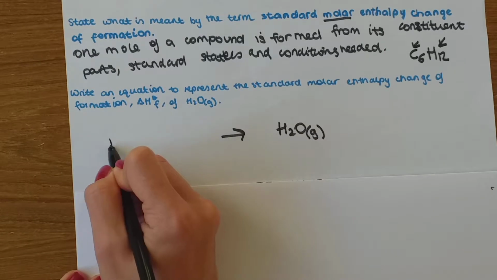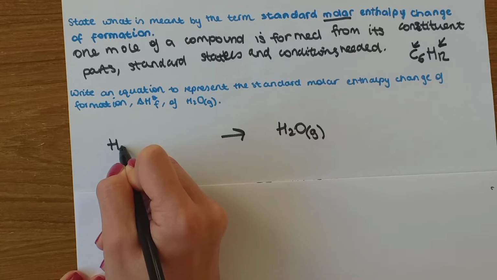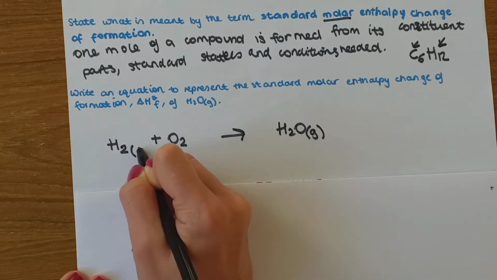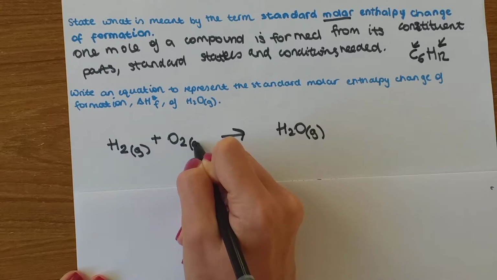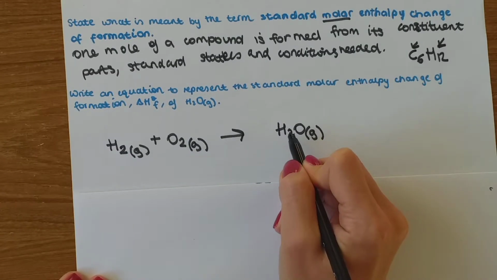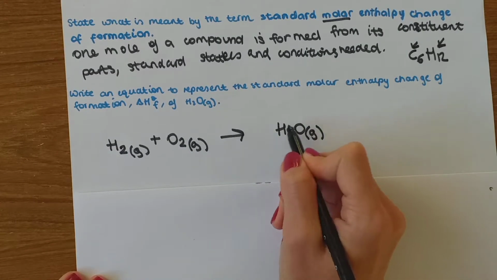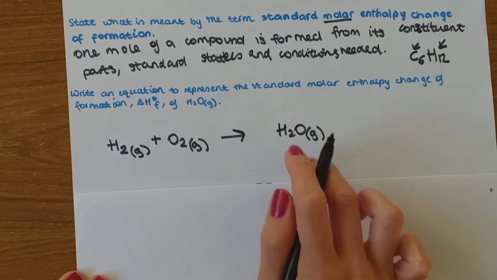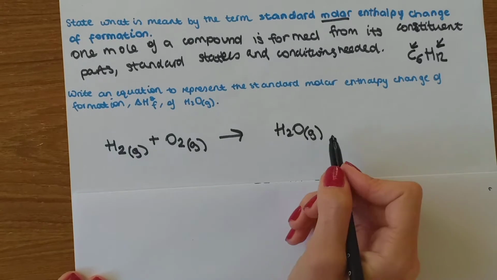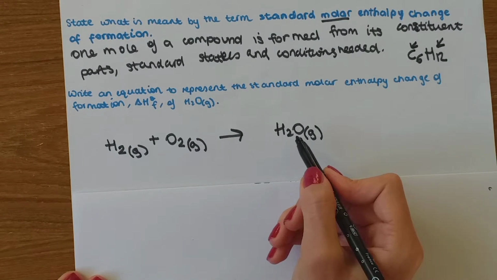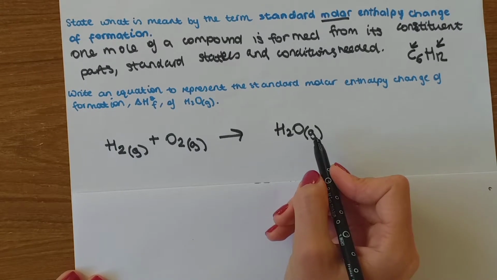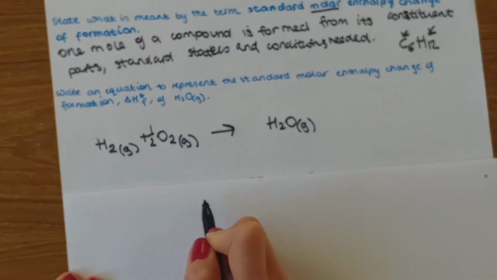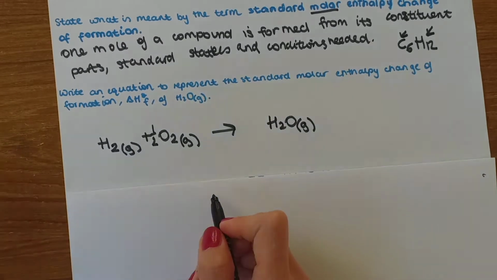So it's obvious it's hydrogen and oxygen, both in gaseous forms. We have to form 1 mole, so we can't put any big numbers on this side because it has to be 1 mole, not more, because that's what the standard enthalpy change of formation is. So we only need half of oxygen.